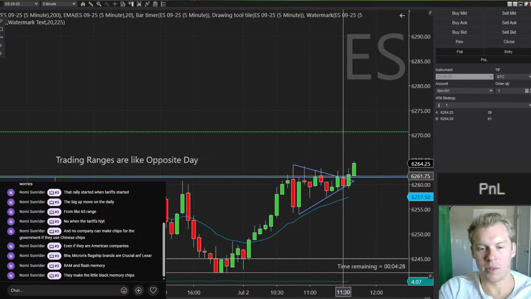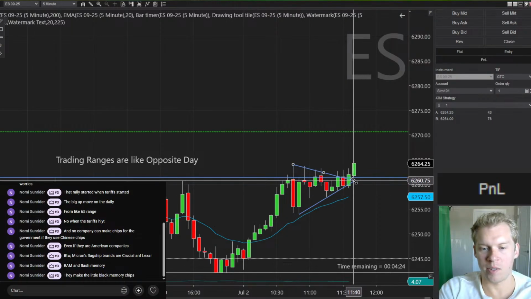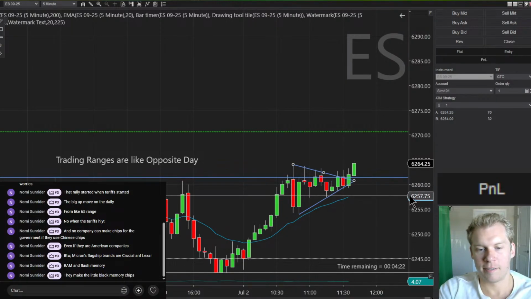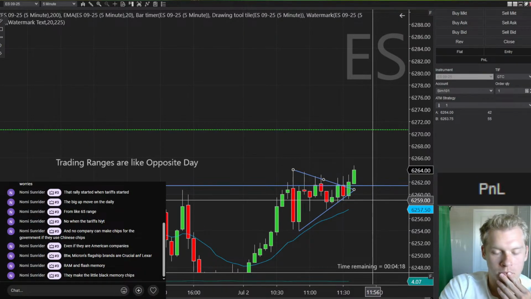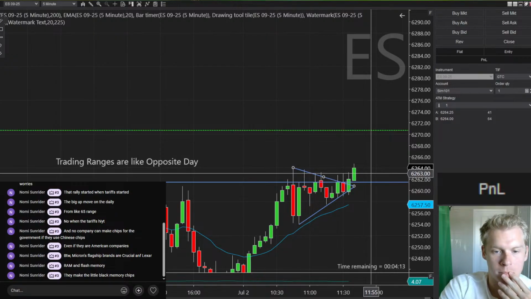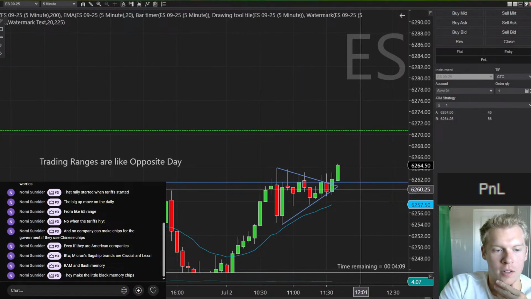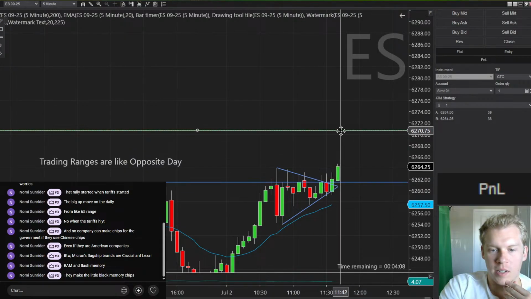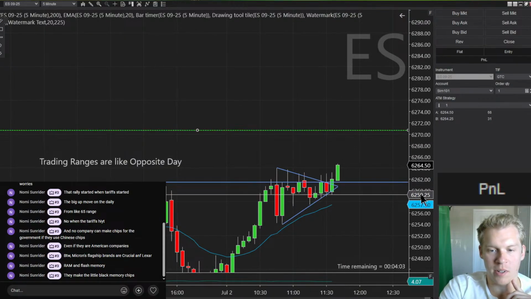All right, so bulls are trying to get their breakout above yesterday and break out of this triangle. The target, we have the overnight high. I think that's the first target.